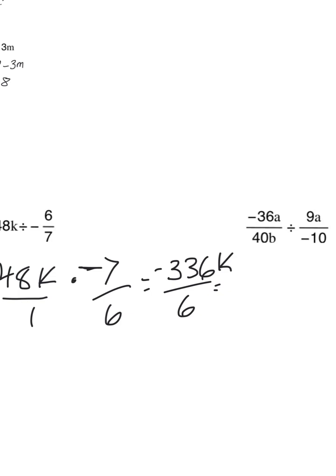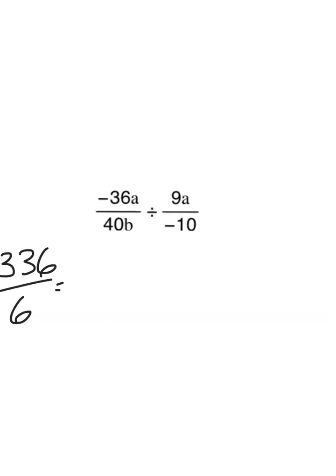So negative 336k over 6. We can split those out and just divide the number in the top by 6. And that gives us negative 56k. Okay, and finish this one.